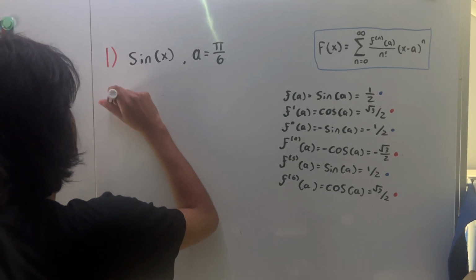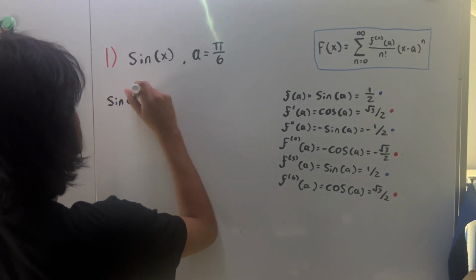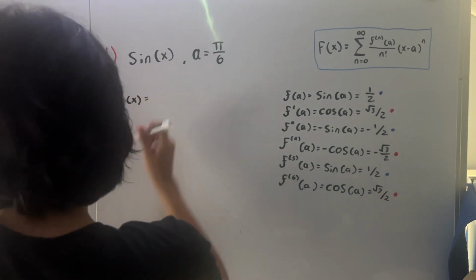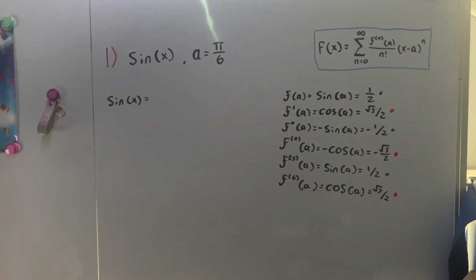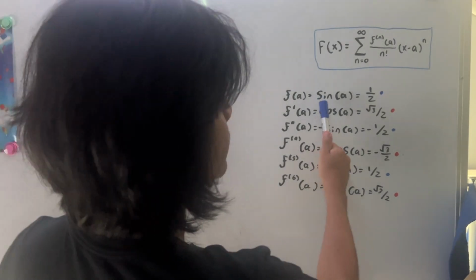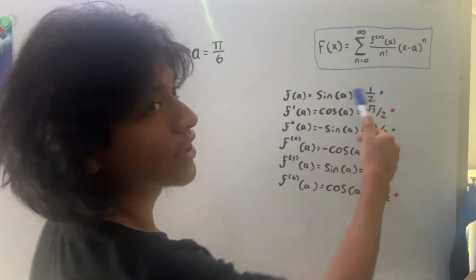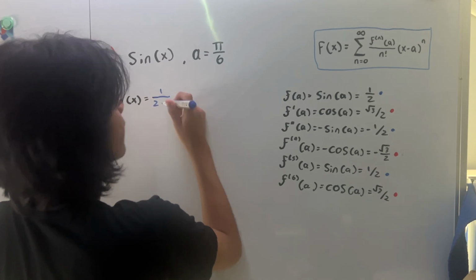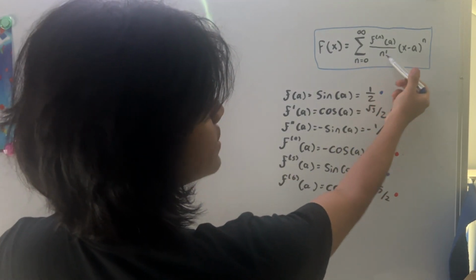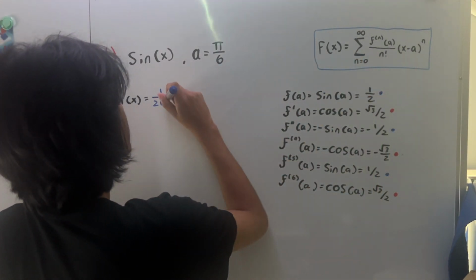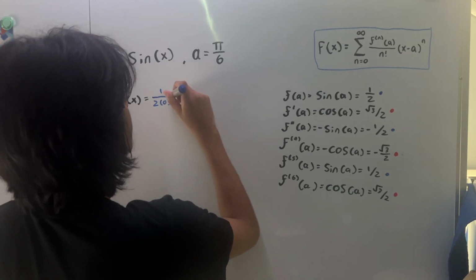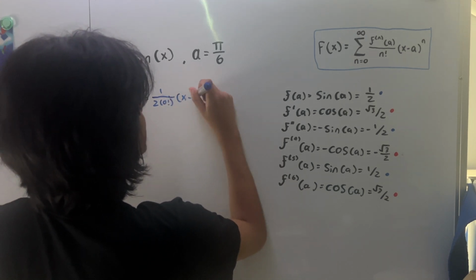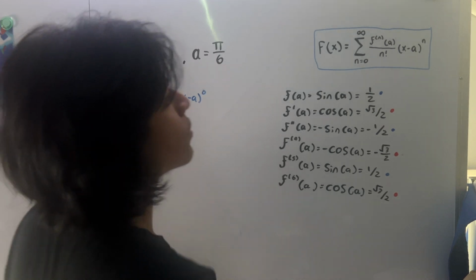So we have sine of x, and we're going to start with n is equal to 0. So when n is equal to 0, we start off with a 1/2 term. So I'm just going to write out 1/2. And so when n is equal to 0, we get 0 factorial at the bottom. Then we get x minus a to the 0th power.